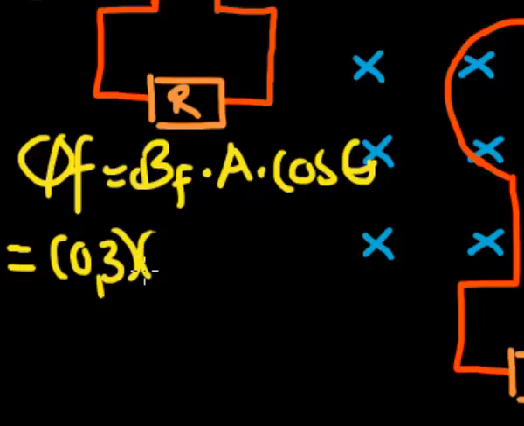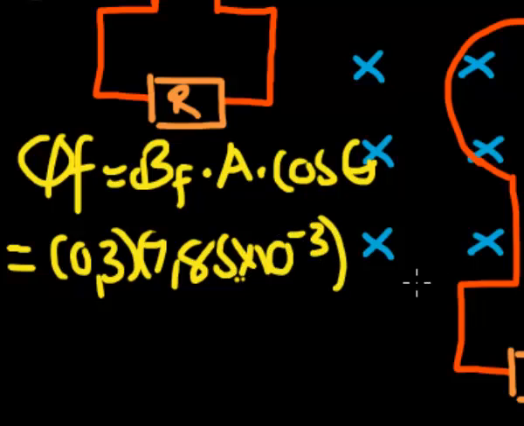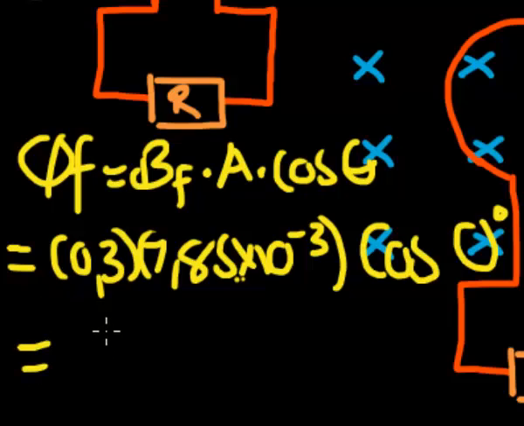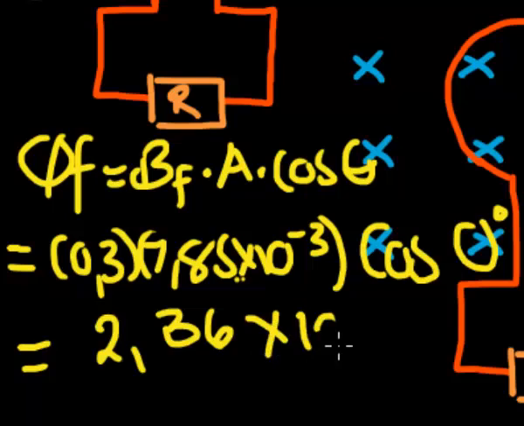The area of the coil is still the same, our 7,85 with all its decimal places times 10 to the power of negative 3, and we would still have our angle between the normal of the surface and the magnetic field to be 0. And then our final magnetic flux is 2,36 times 10 to the power of negative 3 Weber.